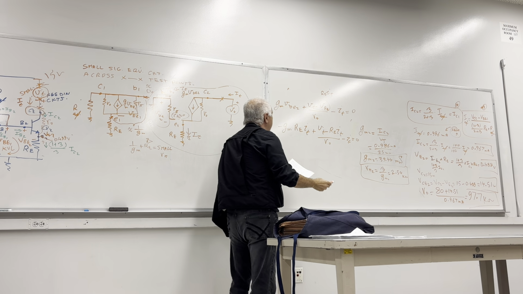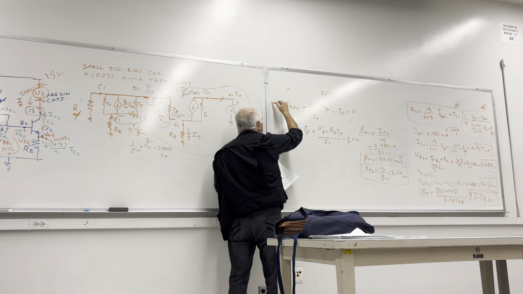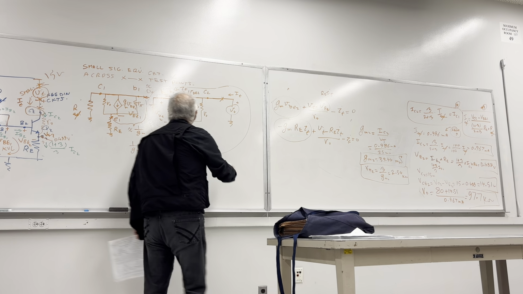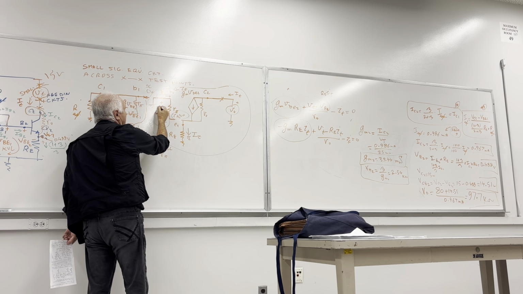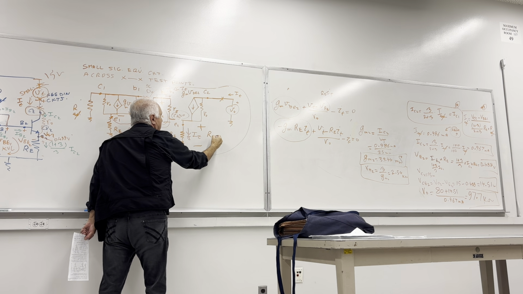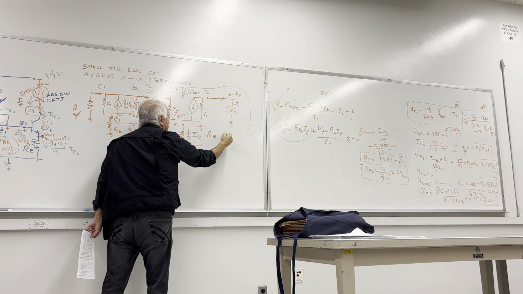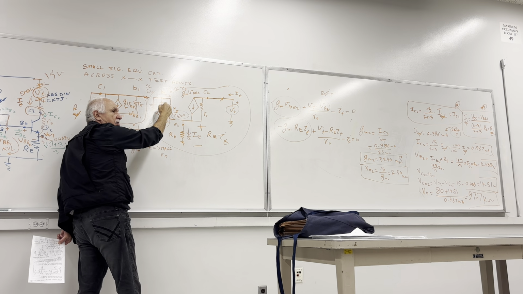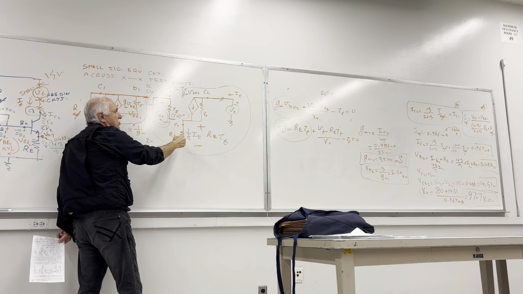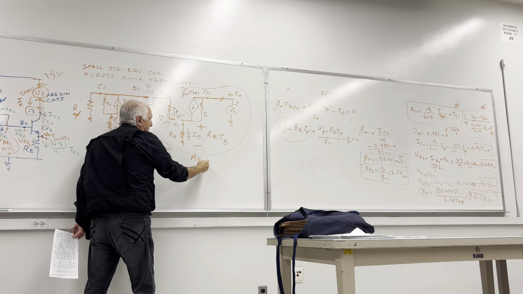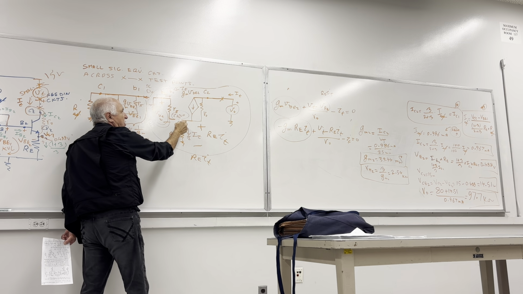Now, you may wonder how I jumped from here into here. Well, this is the VBE of 2. Look, plus, minus. This voltage is RE times IT. Take a circuit loop in here and see what you will get. Go from here to here, RE IT, negative to positive.